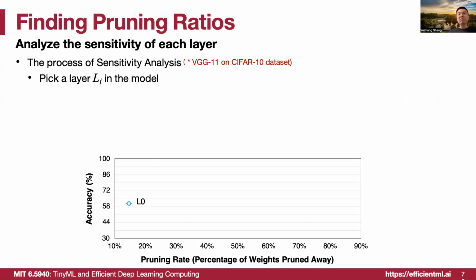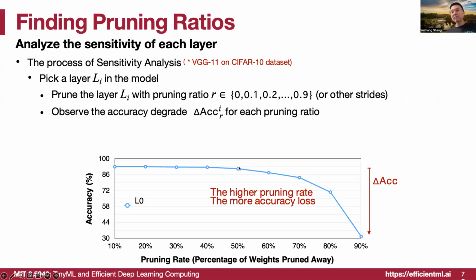If we prune the layer Li with a pruning ratio from 0 to 90 percent, we get this curve. Basically, the higher the pruning ratio, the more accuracy loss. This is very intuitive, and it should be the general trend for every layer in the neural network.